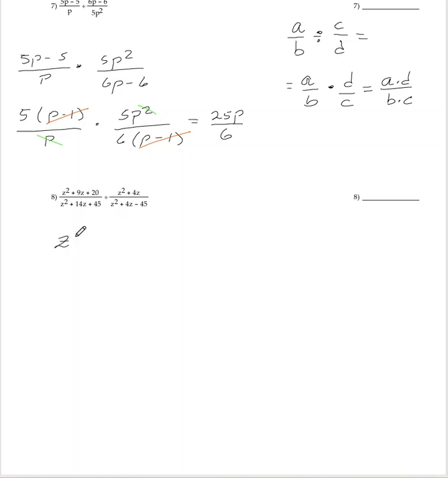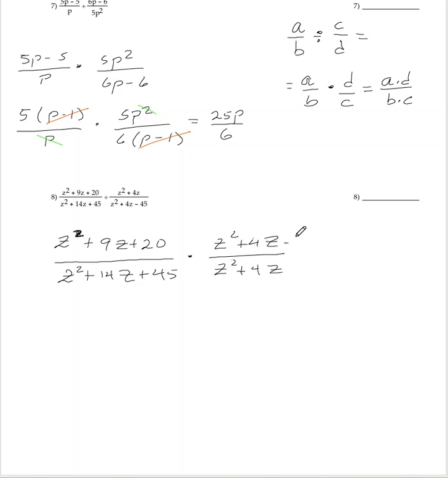So we say c squared plus 9c plus 20 over c squared plus 14c plus 45 times, and then you flip this fraction. So below you have now c squared plus 4c, and above you have c squared plus 4c minus 45.